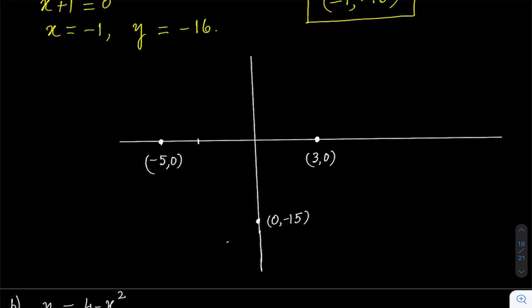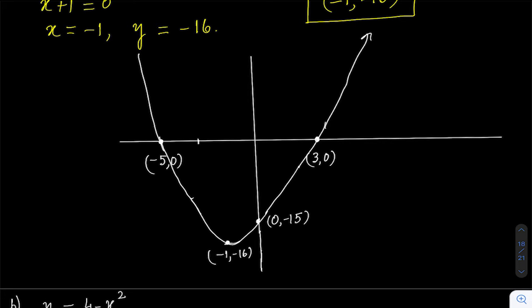So let's say somewhere here, (minus 1, minus 16). Now connect these points. This parabola will be something like this. It will achieve a minimum value, then pass through (0, minus 15), and then (3, 0), and then go like this. So this will be my graph.